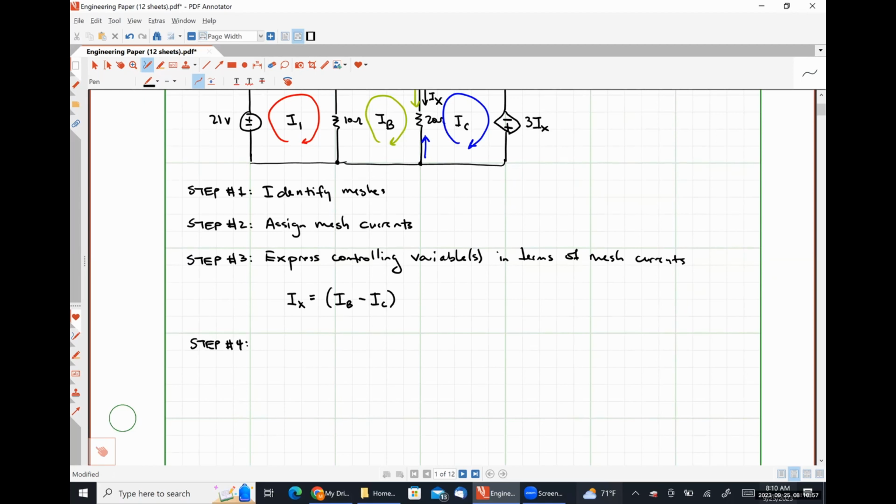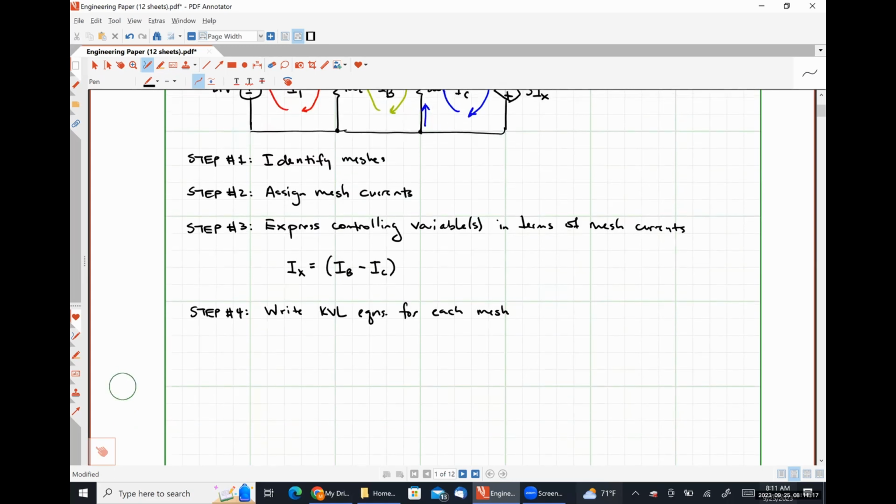So step number 4 will be to write KVL equations for each mesh. So let's start around mesh 1.